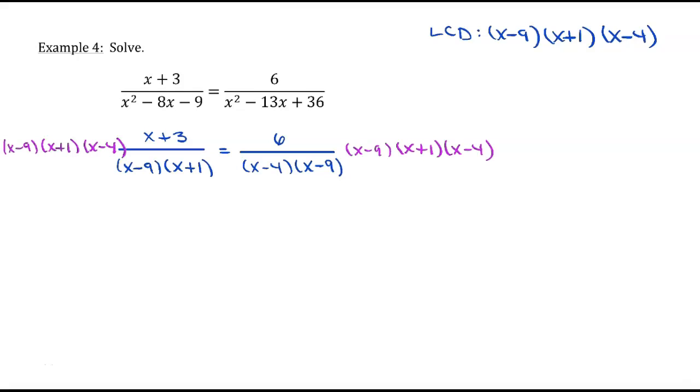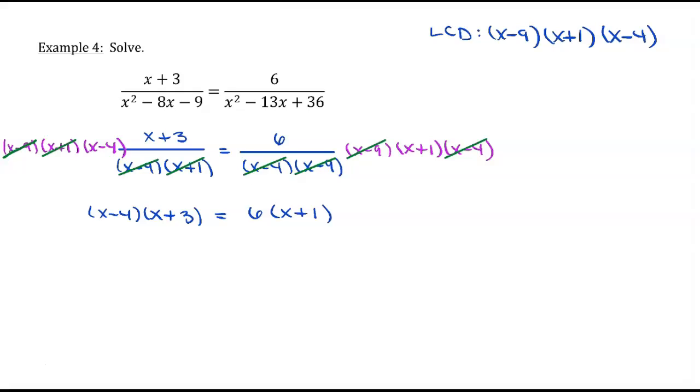On the left side, notice that we can simplify our two factors of x minus 9 and our two factors of x plus 1. On the right side, we can simplify our two factors of x minus 4 and our two factors of x minus 9. This leaves us with x minus 4 times x plus 3 on the left and 6 times x plus 1 on the right.